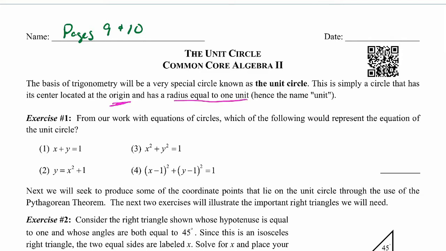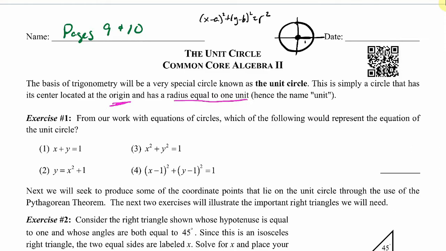Okay. From our work with equations of circles, which of the following would represent the equation of the unit circle? So again, the unit circle is a circle centered at the origin with a radius of 1. Well, how do we write the equation of a circle? (x minus a) squared plus (y minus b) squared equals radius squared, where (a, b) is the center of the circle.